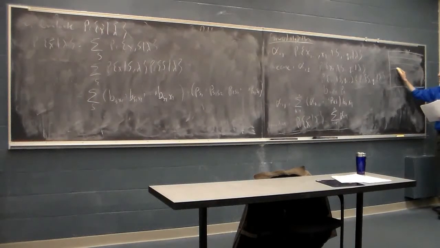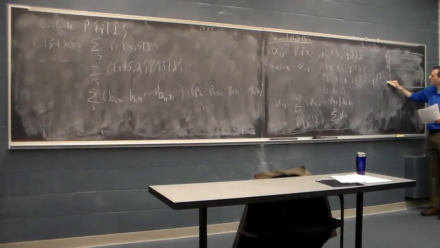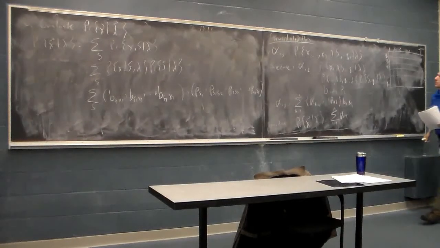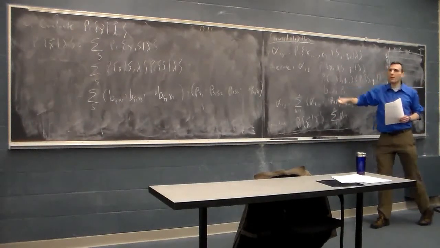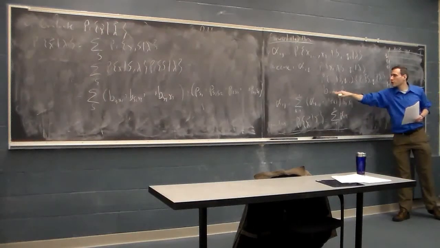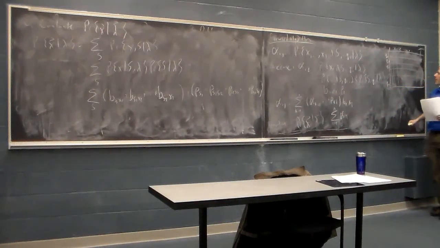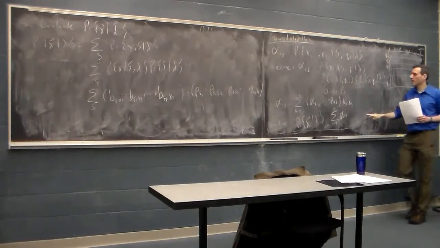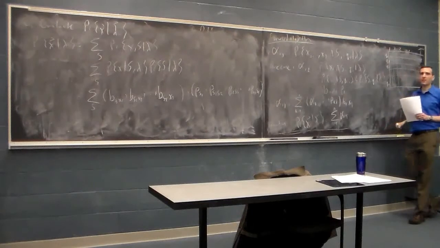So we can create a very analogous table of values where we've got our states in the rows here, Q1, Q2, Q3, Qn. We've got the steps in the model, 1, 2, 3, up to capital T. And then we apply our base case to get the values of alpha from step 1. We just need to know our B matrix and our P vector to do that. And then once we've got those for each of these new values, we're just summing over values from the previous column.